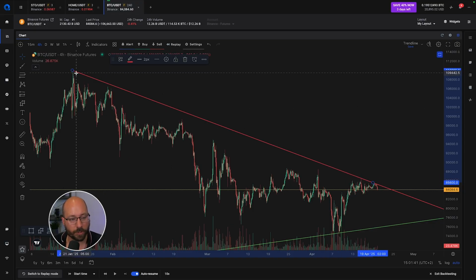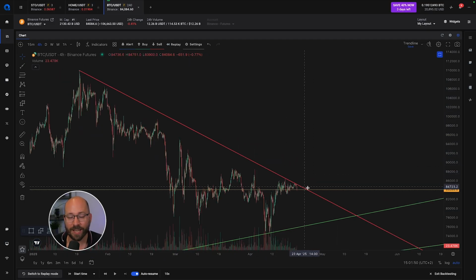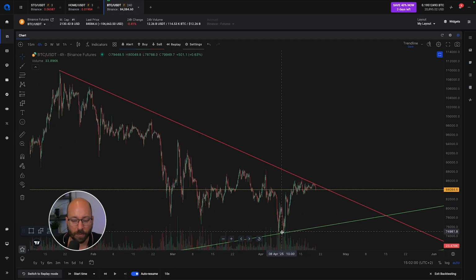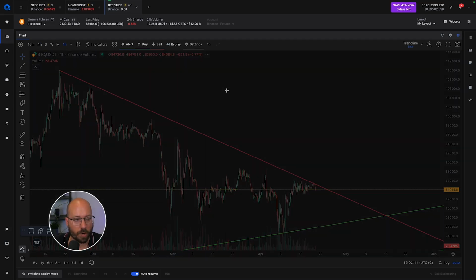Because on the 4-hour chart, we can see that it has 1, 2, and 3 clear touch points. Meaning that the next time might be an actual breakout of this trend line. Let's see if we can draw a steeper line. Well, we cannot draw it from the uptrend because our low point is currently going down. So a steeper trend cannot be made just yet. What about on the hourly?